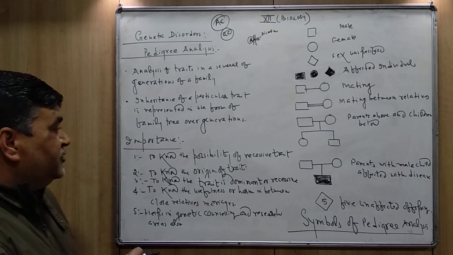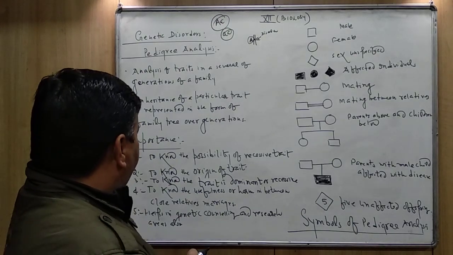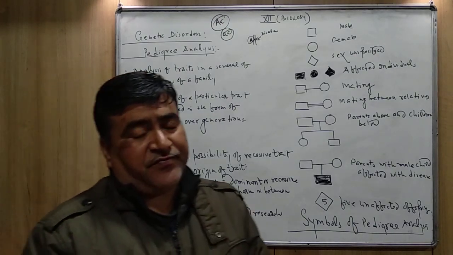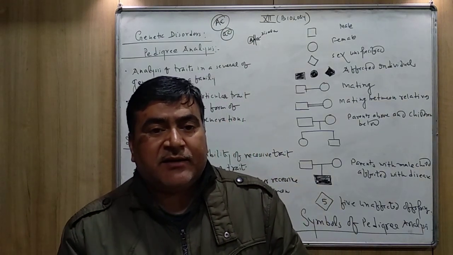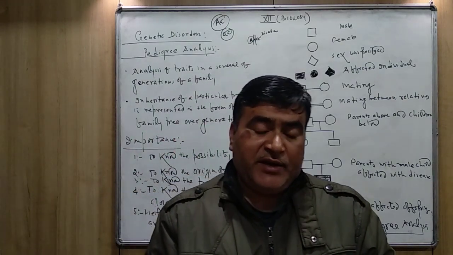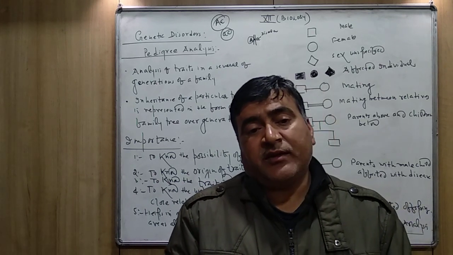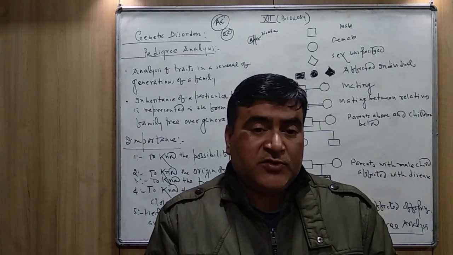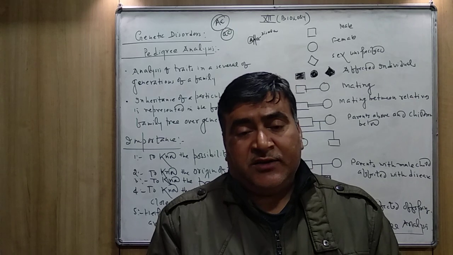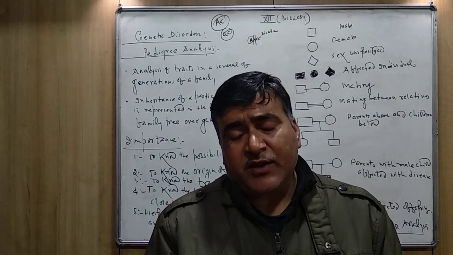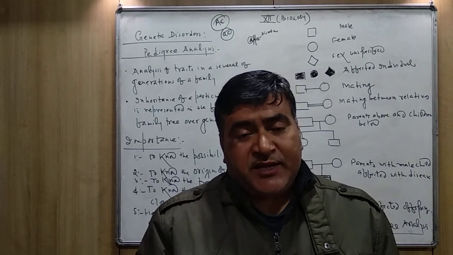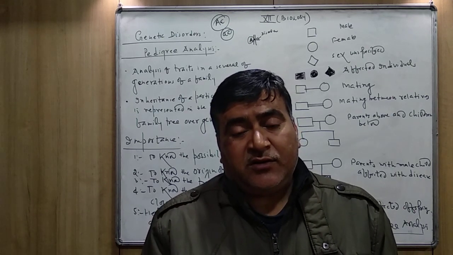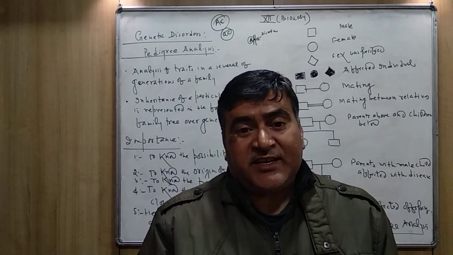To know the usefulness or harm in marriages between close relatives. By making the pedigree analysis for the pattern of inheritance, we will also get to know what will be the usefulness or what will be the harm if marriages occur between close relatives.